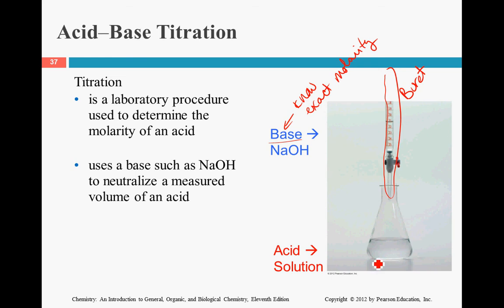And then down here we have an acid solution where you have no idea what the concentration is. However, you do know how much you put in there. So you could have measured out 50 milliliters or 50.0 milliliters depending on how much you use and how much you need. And then you determine how much of this got added to it. So you know the exact molarity, and then you know the exact volume.